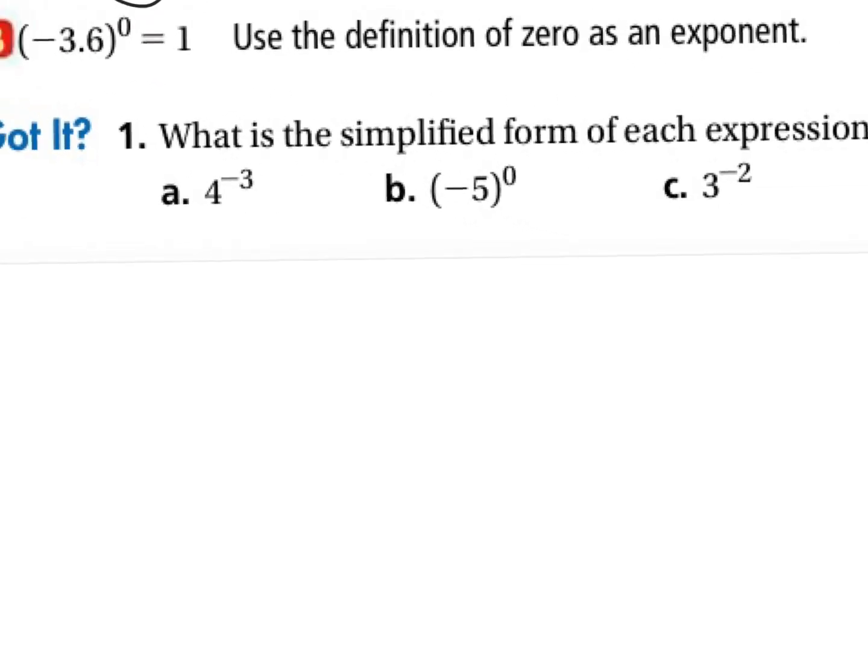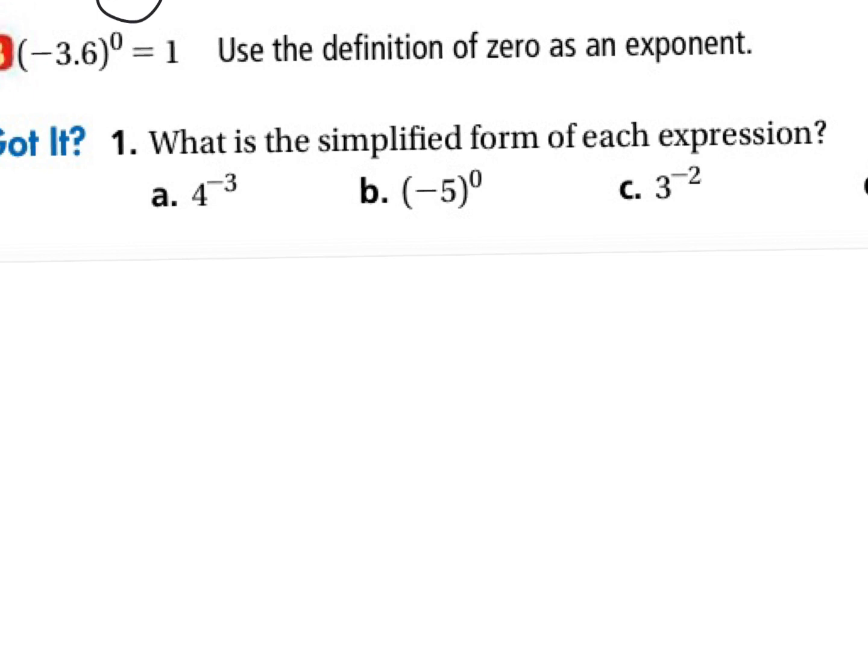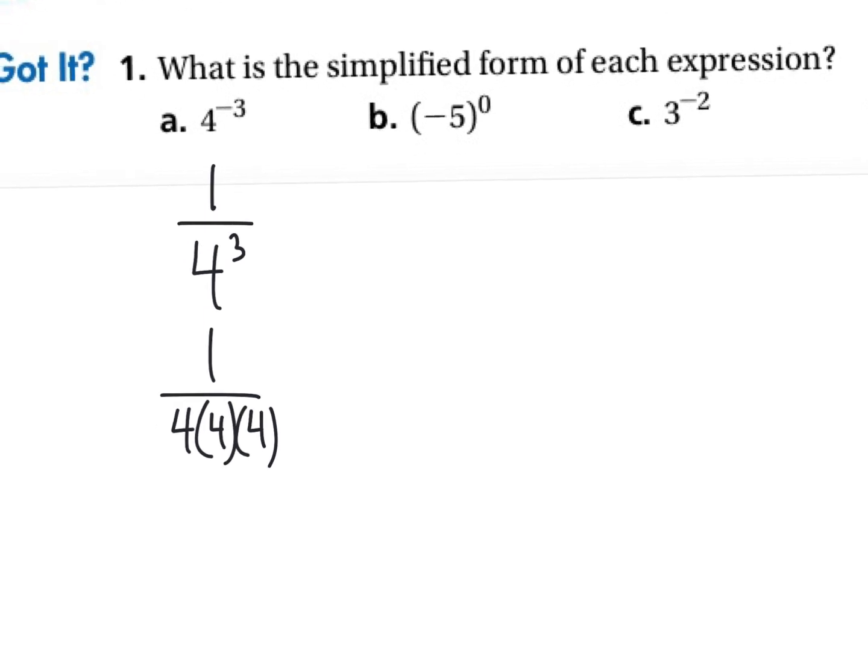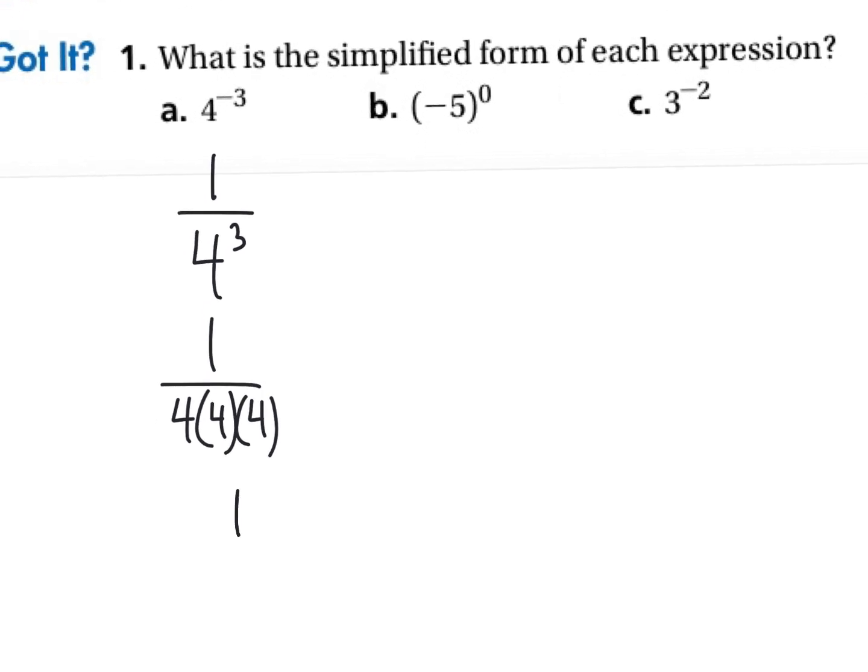Looking at the simplified form of these expressions, for part A, since it's a negative exponent, we can write it as 1 over 4 to the third power. 4 to the third power is 4 times 4 times 4, so that would be 1 over 64. Part B, negative 5 to the 0 power is equal to 1.